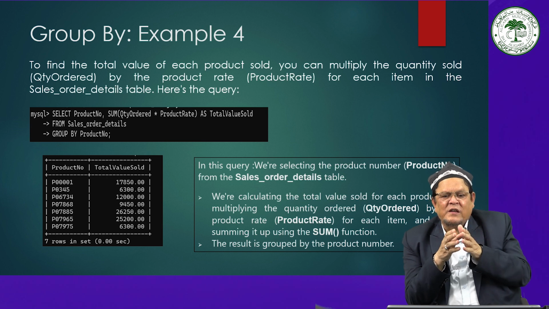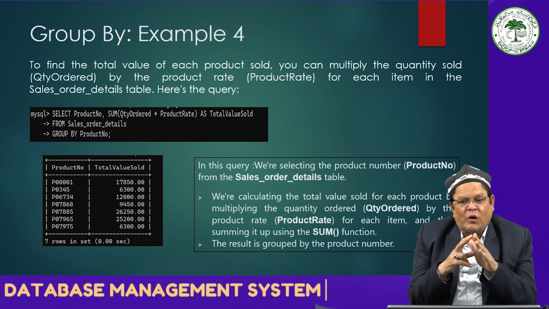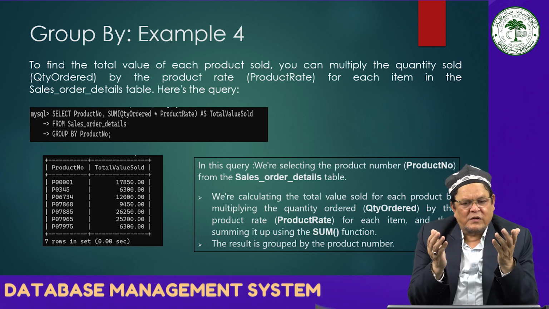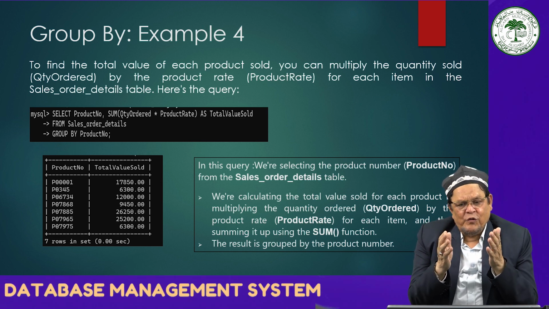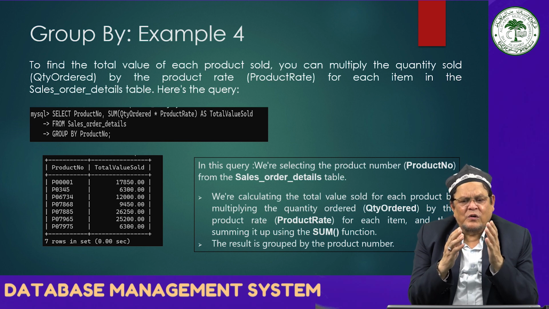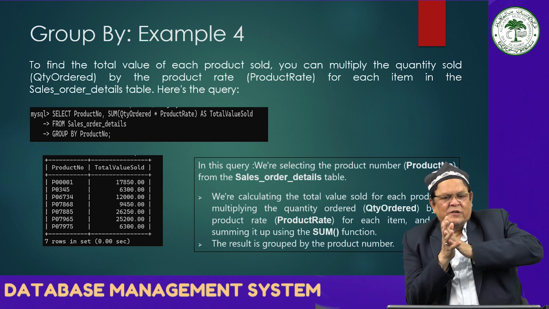We are calculating the total value sold for each product by multiplying the quantity ordered by the product rate, and by that we are able to find the total value of the items we have sold, and then we sum it up with the sum function.